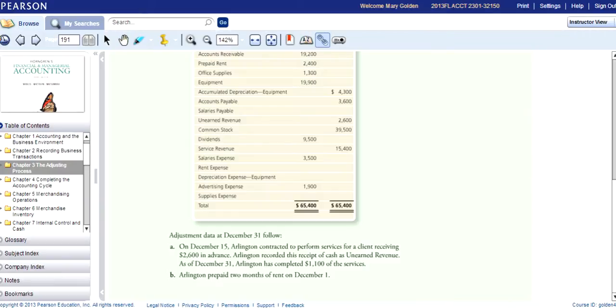So Part A says that on December 15th, Arlington contracted to perform services for a client receiving $2,600 in advance. Arlington initially recorded this receipt of cash as unearned revenue. So the initial journal entry on December 15th would have been a debit of cash of $2,600 and a credit to unearned revenue.